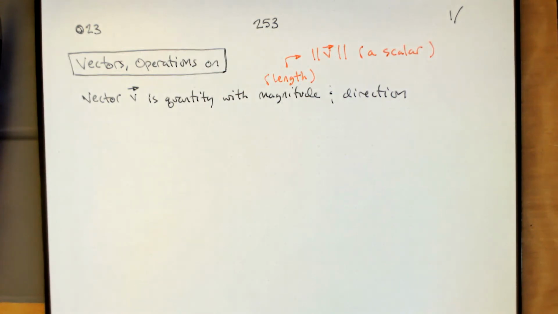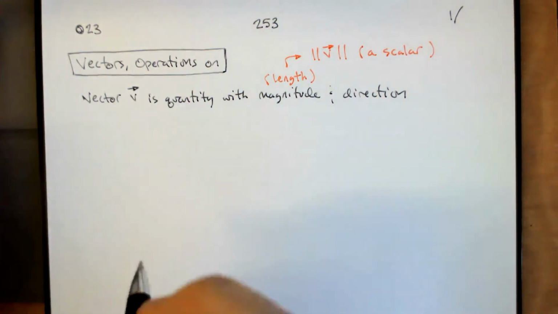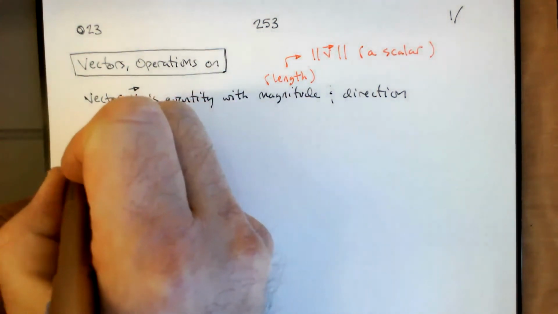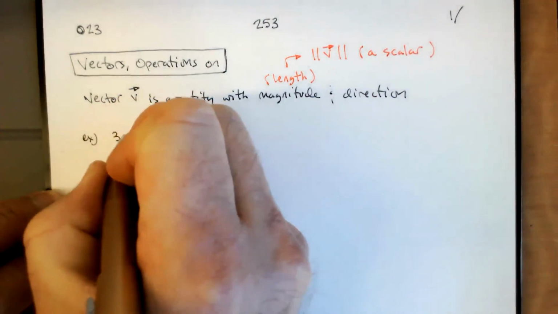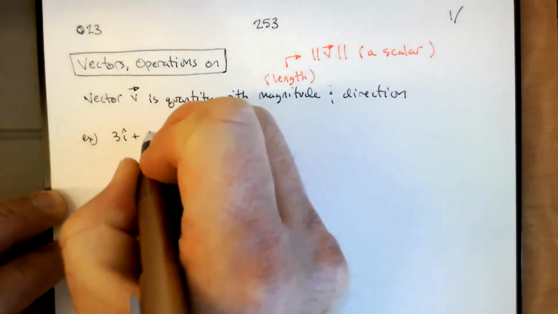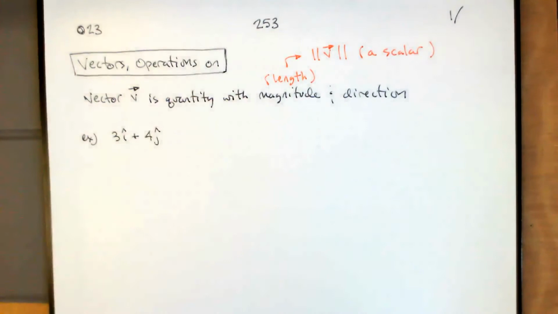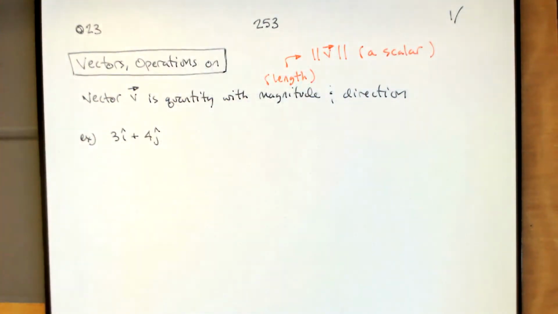We're going to talk about how we picture vectors and how we write vectors. Then we can talk about the operations on them. So here's an example of a vector. It's 3i plus 4j. That means from the starting point of the vector, we go 3 in the horizontal and 4 in the vertical.